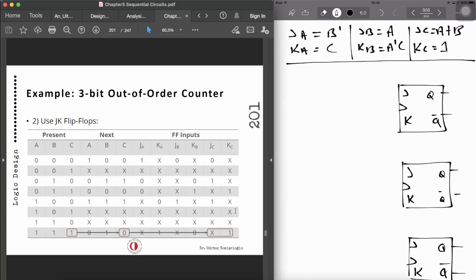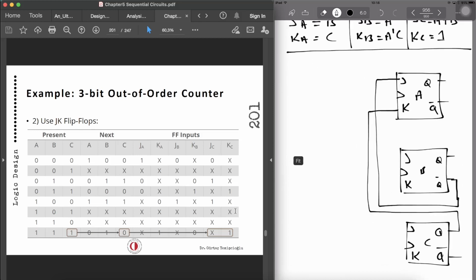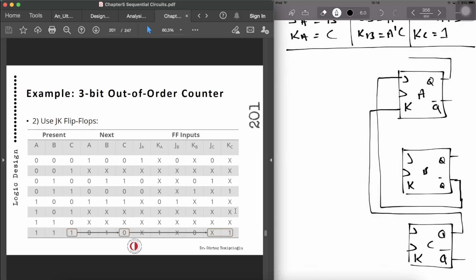Now JA is B prime. Let's say this is A, this is B, and this is C. JA is just B prime, so I'll get B prime from here and fit it in. KA is C, so KA is C. Then JB is A, so A is coming from here.